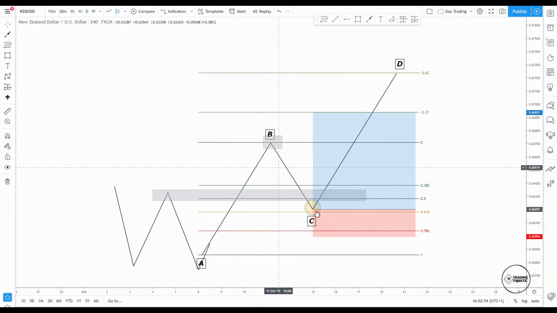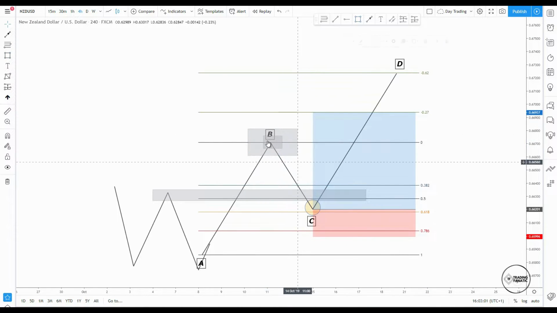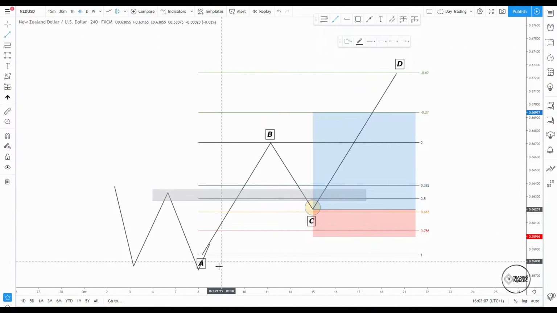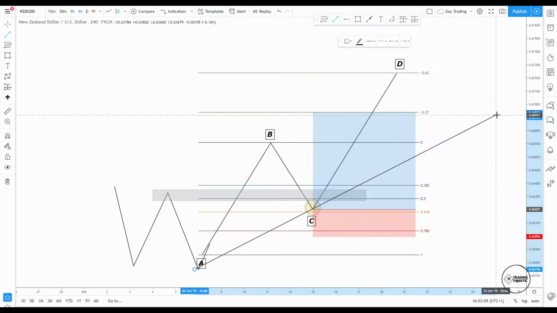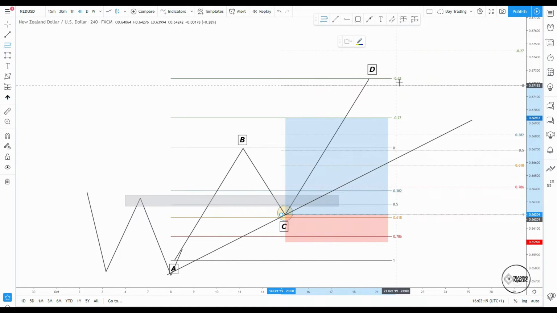Usually when you have an ABC formation, you would expect that price action will continue up to break this high, because if it breaks this high, then this turns into an uptrend. And then if you have an ABC formation happening, then you have your trend line plotted as well. And that is when price breaks this, fulfills the 27% or the 62%, and then you have a new A leg.